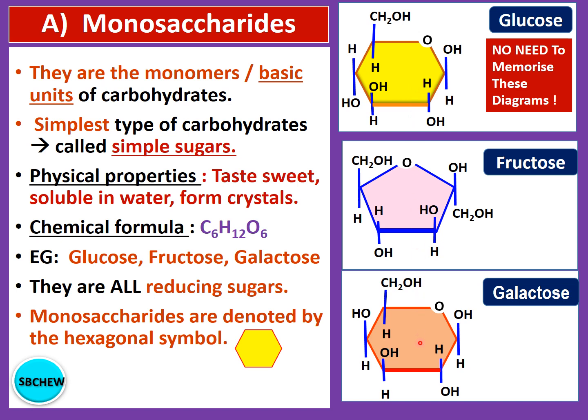So there are differences, but we do not need to know the differences specifically. Just know that the atoms are arranged differently to form different structures in the molecules. Okay? That's all. But the facts on this side, on your left-hand side, they are all important facts to remember for objective questions, for example.